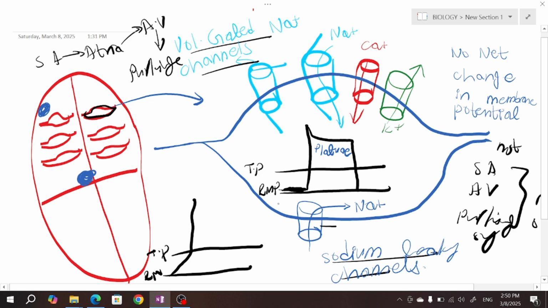Now suppose that the SA node generates the first action potential, and this action potential spreads over the atria. When it spreads over the atria, sodium leaky channels open and there is an influx of sodium, and as soon as the sodium is influxing, the resting membrane potential becomes fluctuating. Before it was not fluctuating, but as sodium is continuously influxing after the generation of the action potential from the SA node, it starts moving towards the threshold potential, and as soon as the threshold potential is achieved, voltage gated sodium channels open.